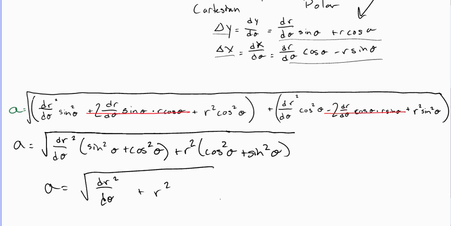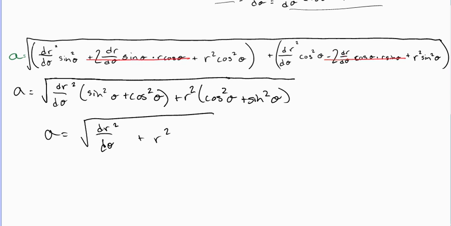And this equation in polar is the distance between any two points, and we can use that to find the arc length of our original function.